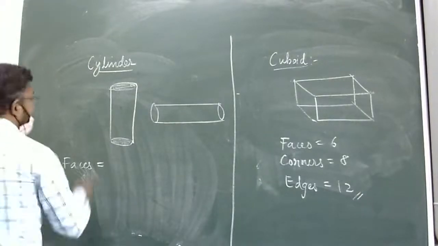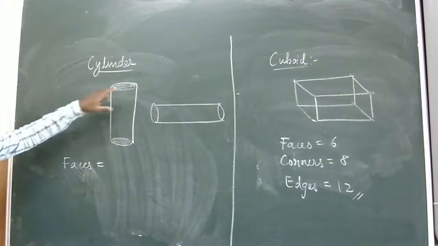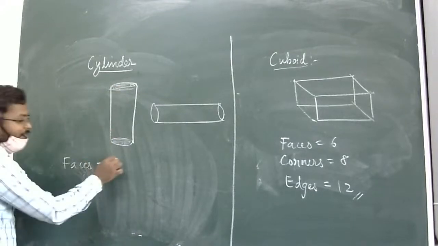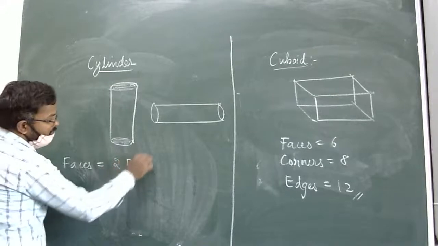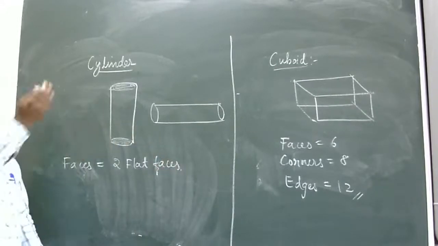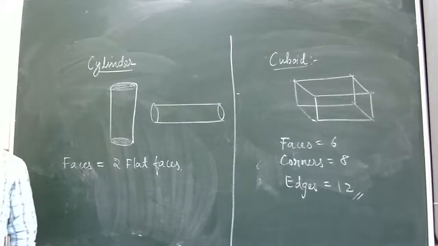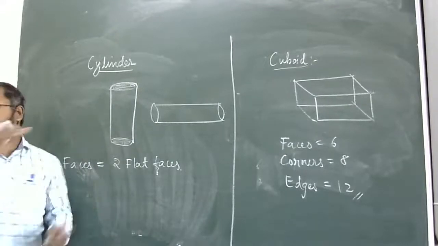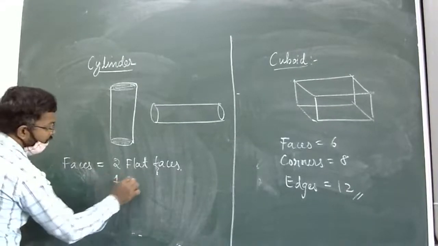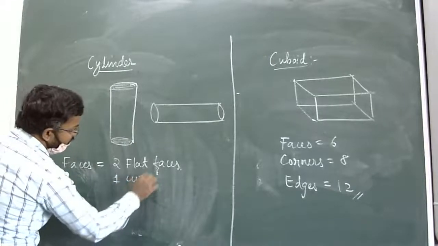Okay. So faces, if you see here, these faces, top and bottom, they are flat. So we have two flat faces and one curved face. Curved means round. If you see this in the wire, see this curve. It's round. So we are having one curved face.